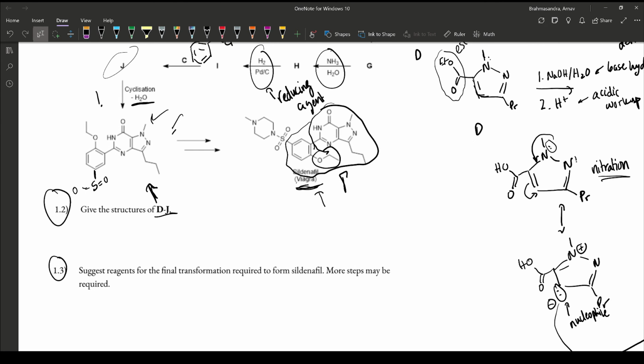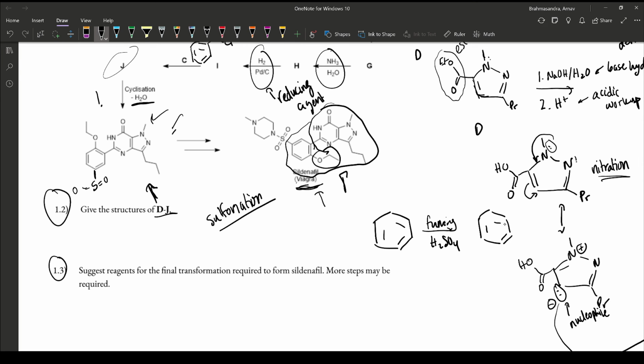So what common groups do we know that have sulfur in them that we can add to an aromatic ring? We should know of sulfonation. We should know of this reaction with benzene. If we have a benzene ring and we add fuming H2SO4, we should get something like this, with our HSO3 attached to our benzene ring.